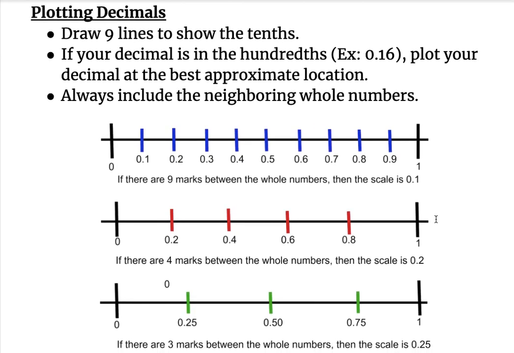If you are dealing with decimals that are going by the scale of 0.2, then you can do a little bit of a shortcut and you can just count by those 2 tenths. So you would only draw 4 marks if you are just plotting numbers that are going by 2s. So that you would have 0.2, 0.4, 0.6, and 0.8.